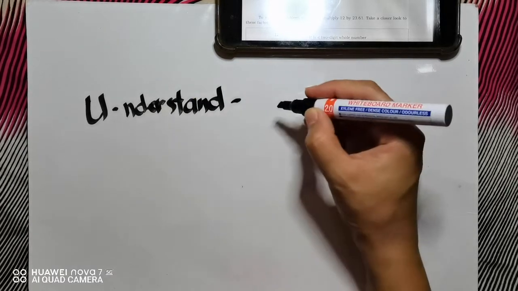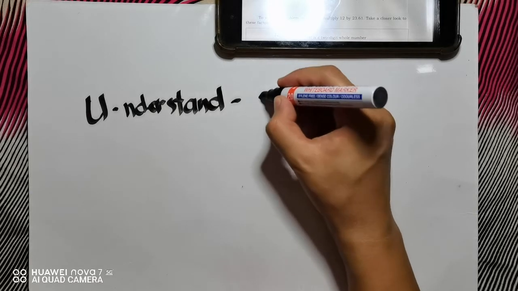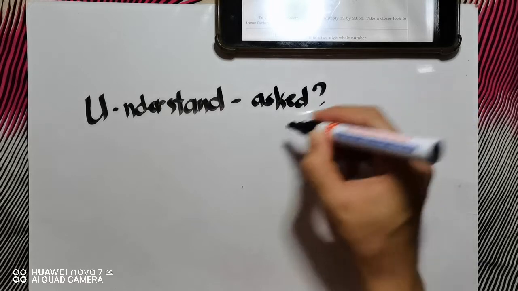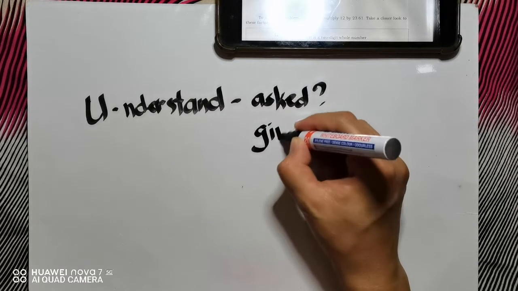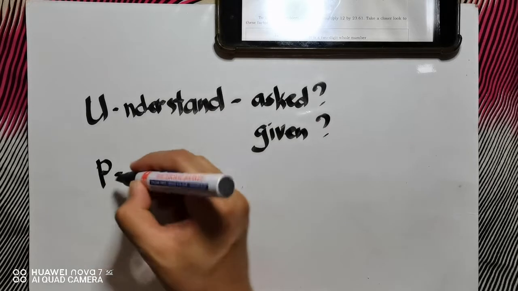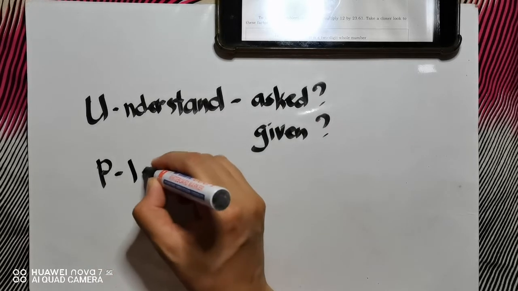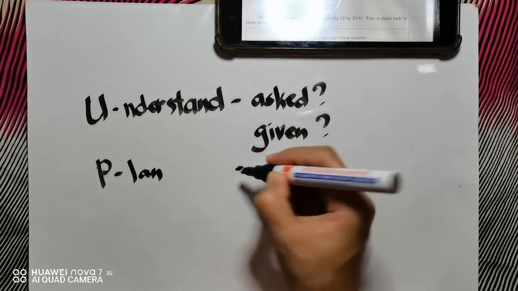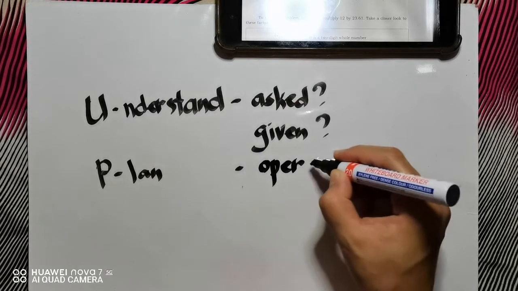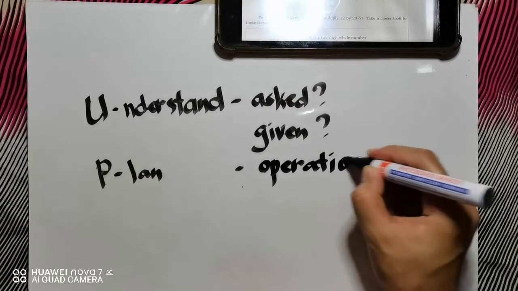So in understanding, we need to know what is asked. And then, what are the given data? And then for the P, that is plan. So in planning, we need to know the operation needed to solve for the answer.